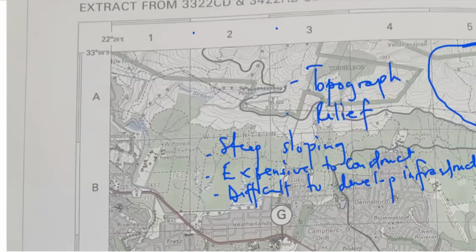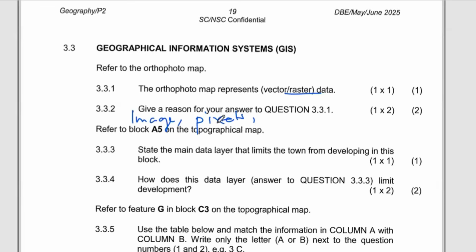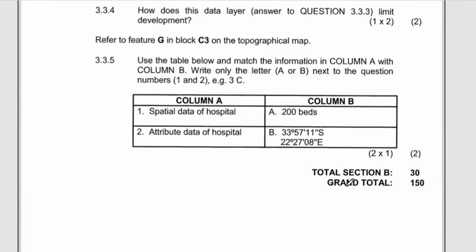Right, then looking at the following question, refer to G in block C4, C3 on the topographical map. Use the table below to match the following information in column A with column B. The first one is spatial data. We know what spatial data is. Spatial data deals with the location of a feature.